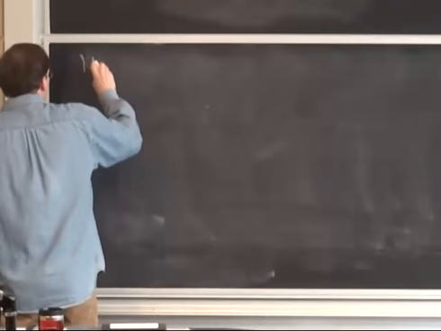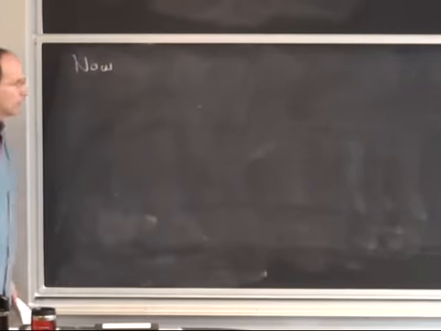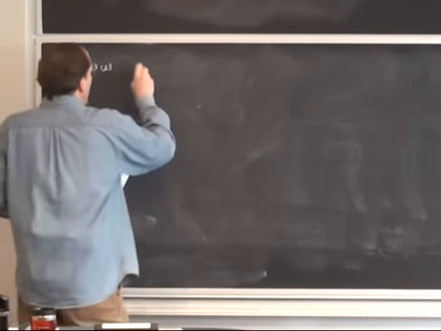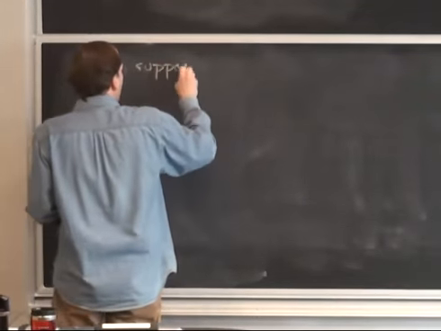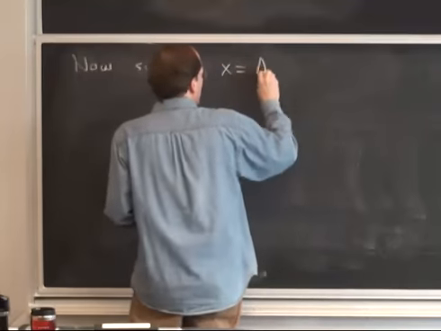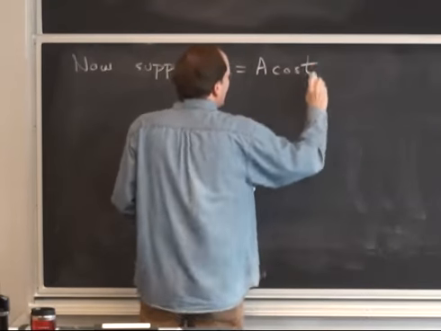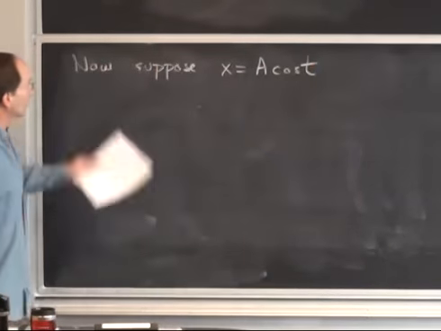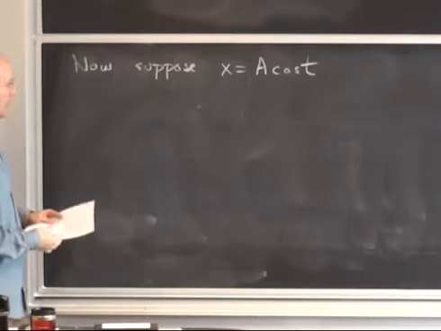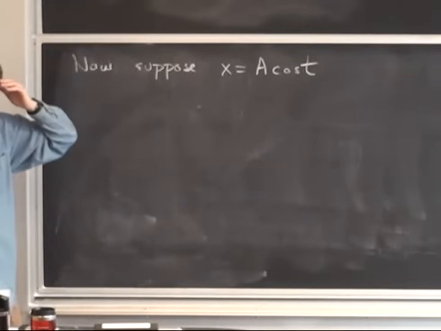Okay, now comes what a physicist would call an ansatz. That is, we're going to guess that x has a certain form. That is, we'll suppose x is essentially A cosine t, just like I assumed earlier, except earlier it was a fact. Now it's an approximation.